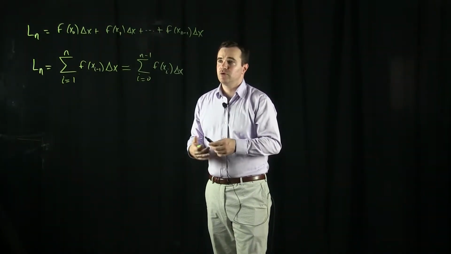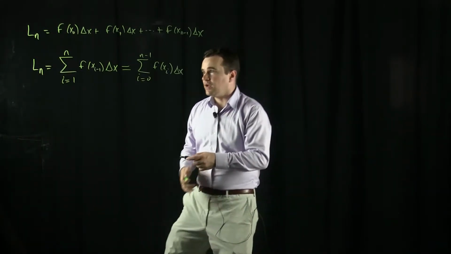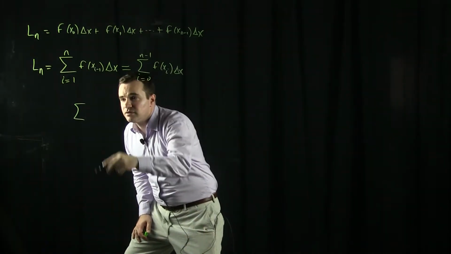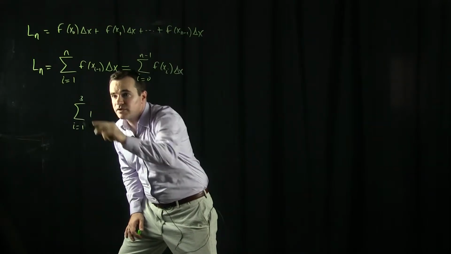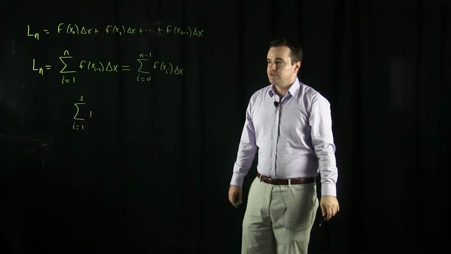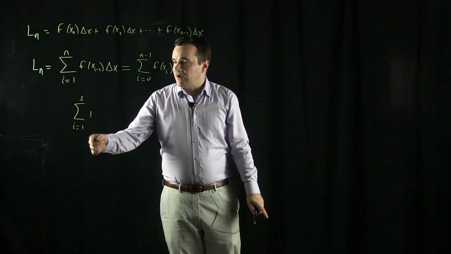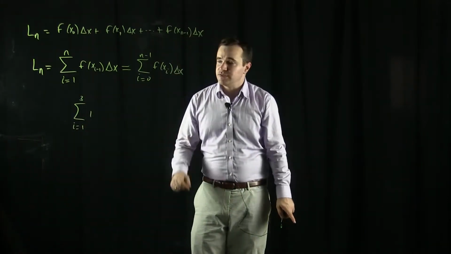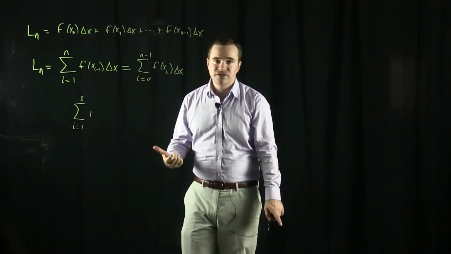To get a little more experience, I'll practice with a few more formulas. What if I take the sum of the number 1 as i goes from 1 to 3? That looks kind of silly at first. But i goes from 1 to 2 to 3, so there are 3 terms in this sum, and the formula doesn't depend on i.